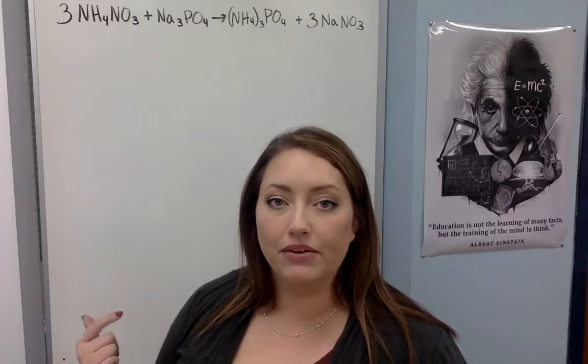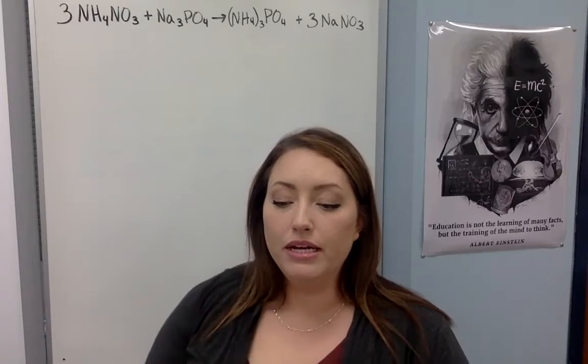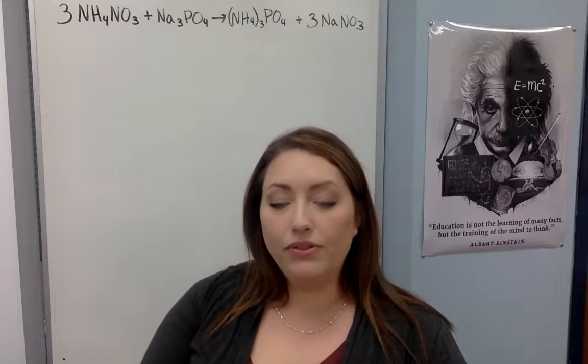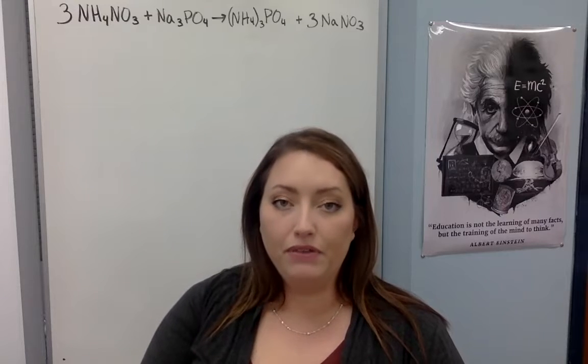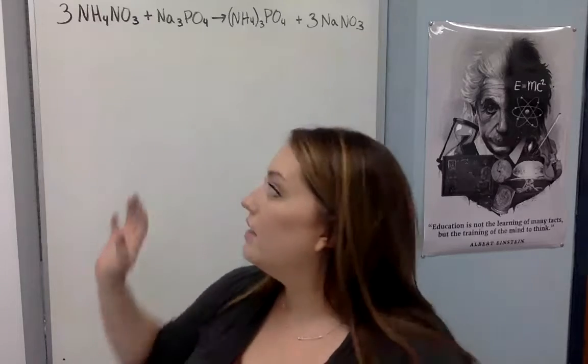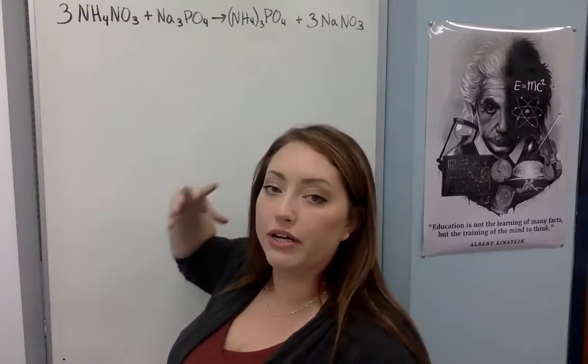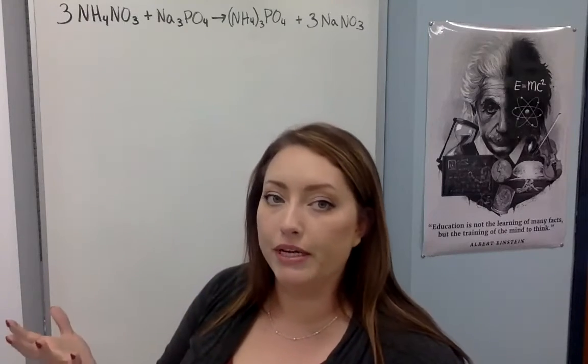Which of these is the limiting reagent? If you notice on this sheet, it tells you that you start with 30 grams of ammonium nitrate and 50 grams of sodium phosphate. So we have 30 of this one, 50 of this one. That's what you're starting with, as if you were doing it in person.